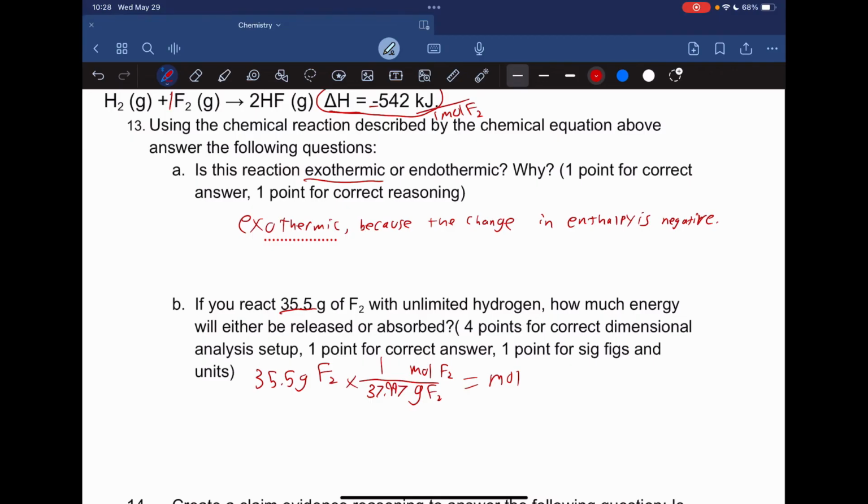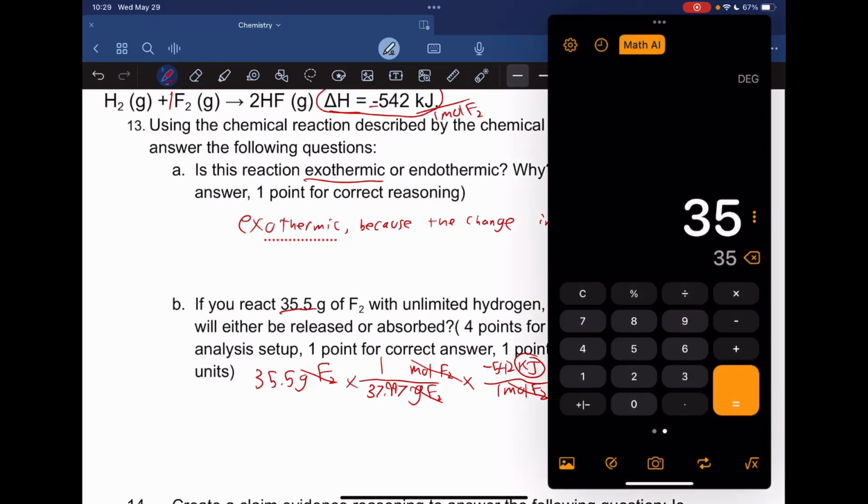What we're then going to do, and we can just extend this, is that we know that negative 542 kilojoules of energy are going to be released for every 1 mole of fluorine. So we're just going to multiply it by that ratio, and it cancels the moles of fluorine and is going to give us, in the end, kilojoules.